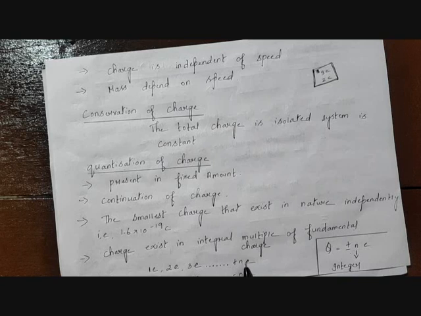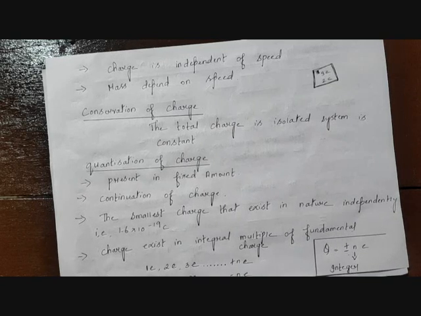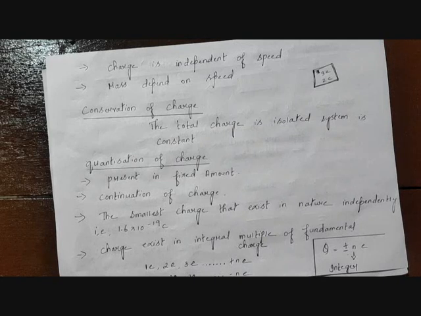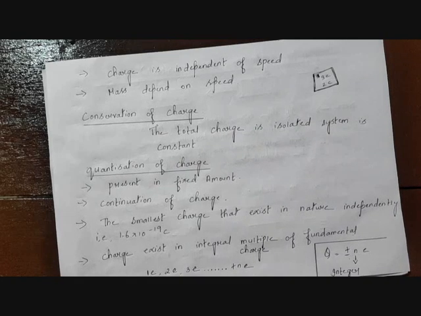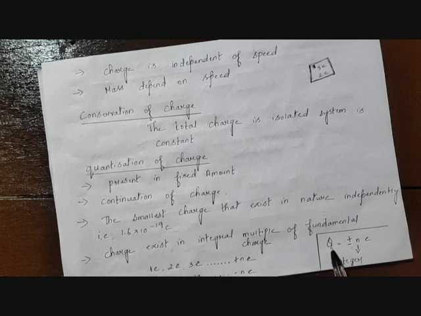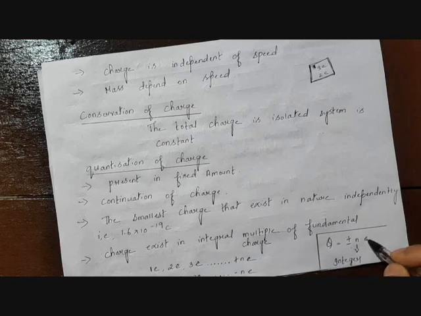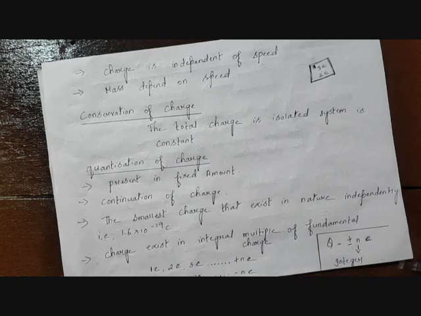This is for proton; minus 1 electron, minus 2 electrons, minus 3 electrons for electron. So charge exists in integral multiples of fundamental charge. By this formula we can understand Q is the charge, and I wrote an integer. Clear? Fine.